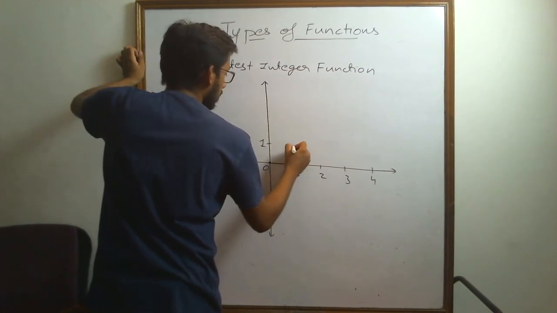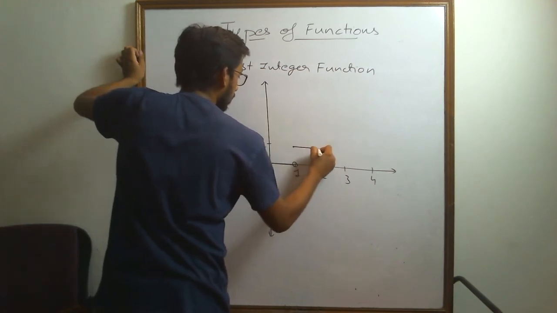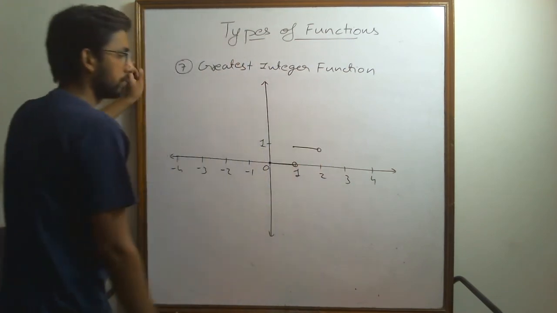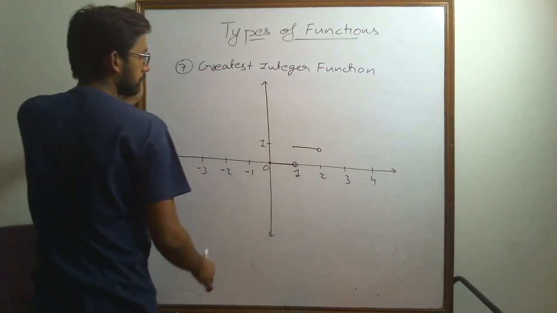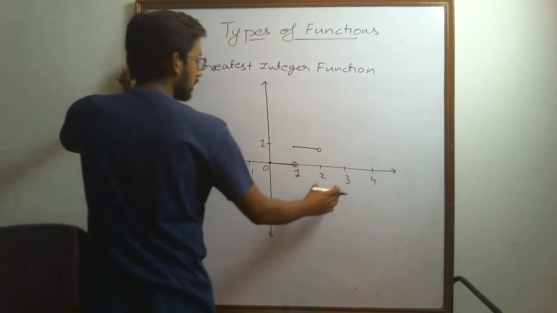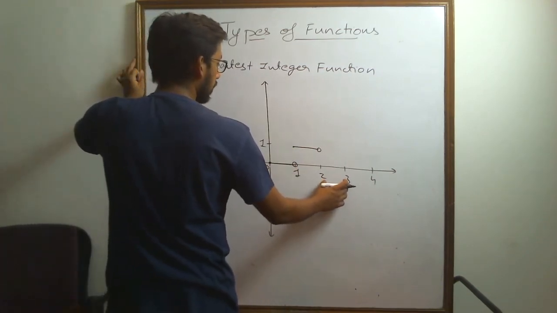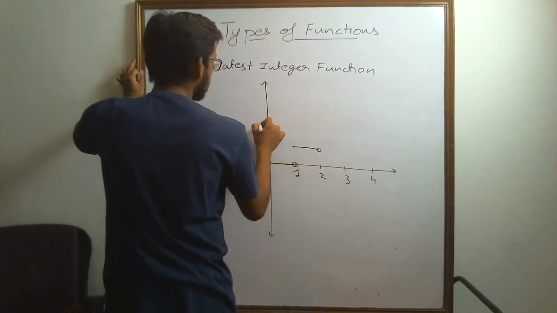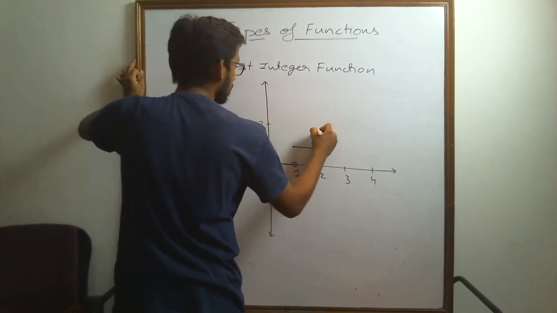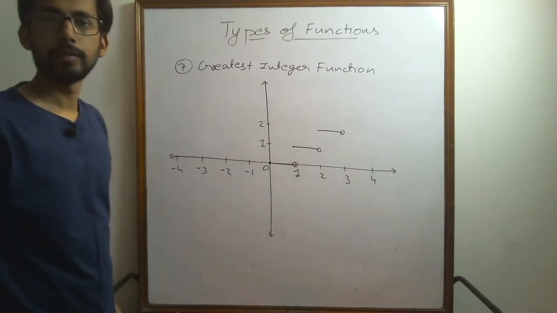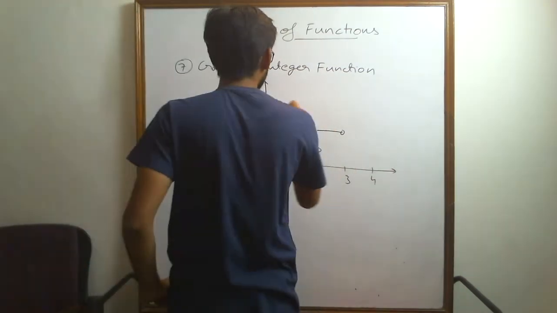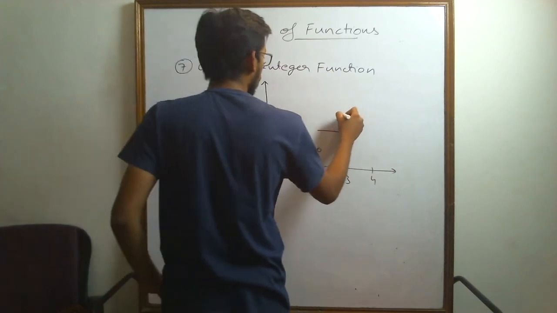So this is how the graph looks. Small circle here because 2 is not included. In the interval where x is greater than or equal to 2 and less than 3, y is equal to 2. So this is how it looks. And we can keep going like this on this side.